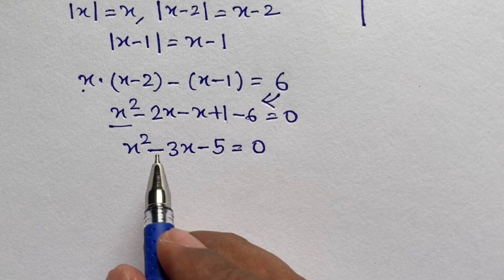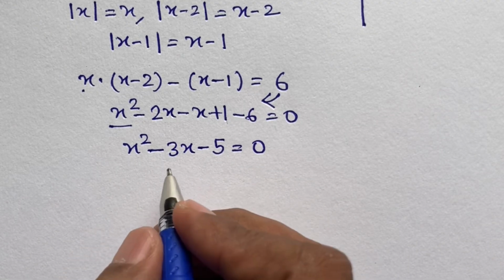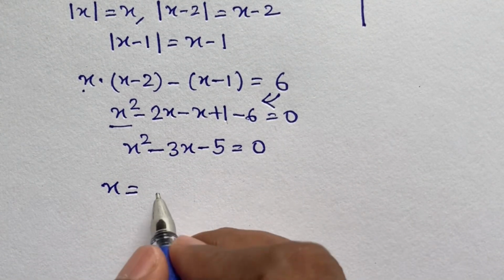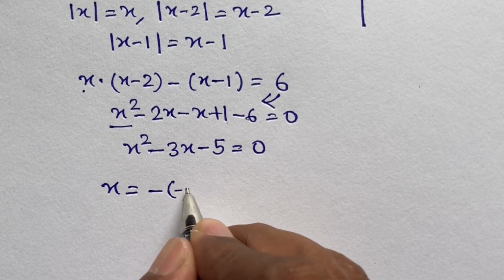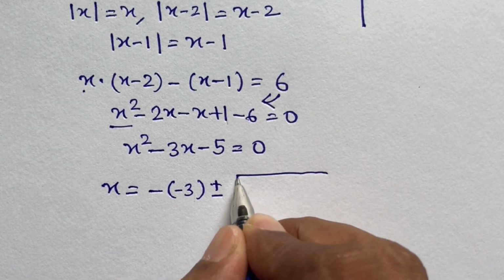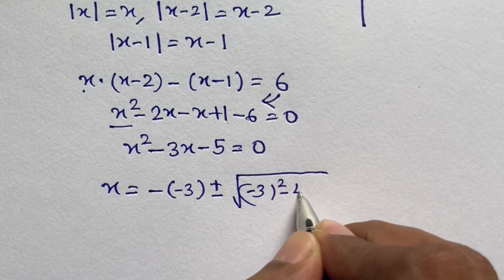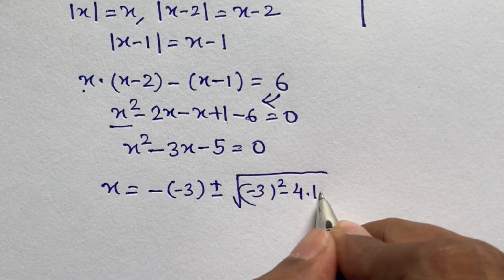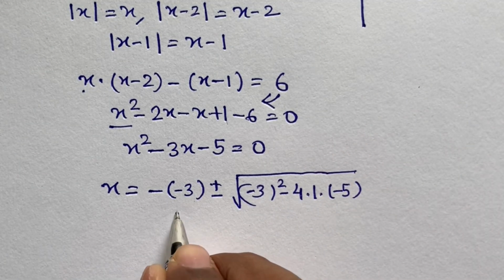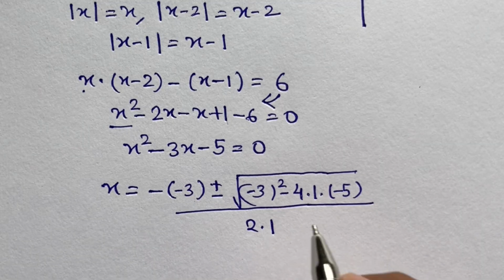Now our equation is in quadratic form, so we have to find the value of x. So x will be −b, that is 3, plus or minus the square root of b² (−3)² minus 4ac, where a is 1 and c is −5, divided by 2a, and a is 1.